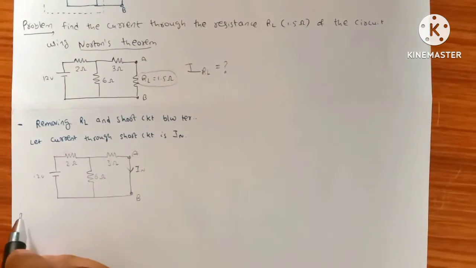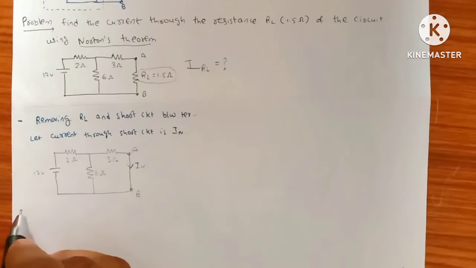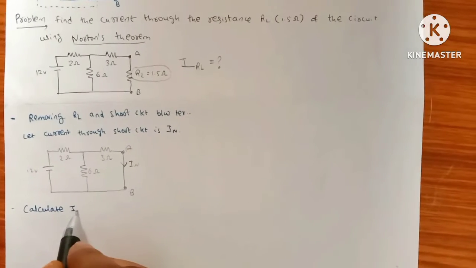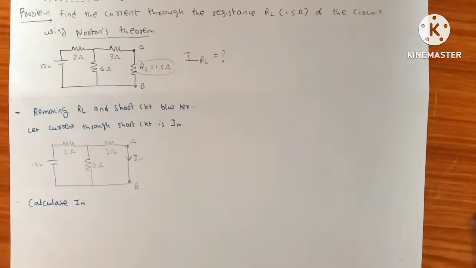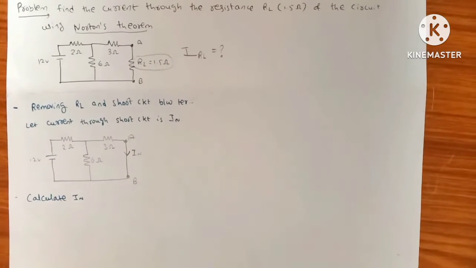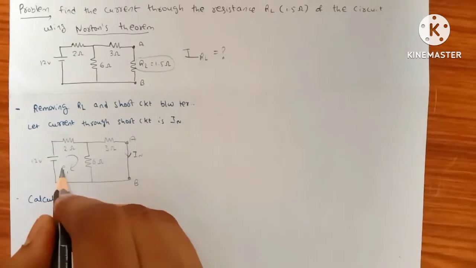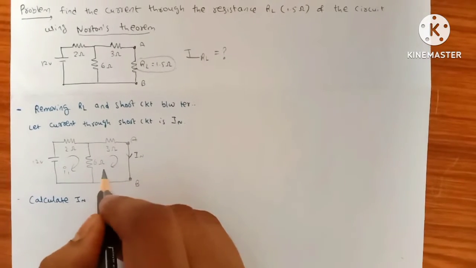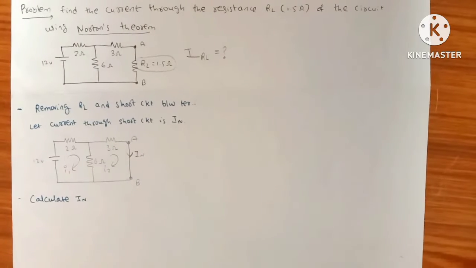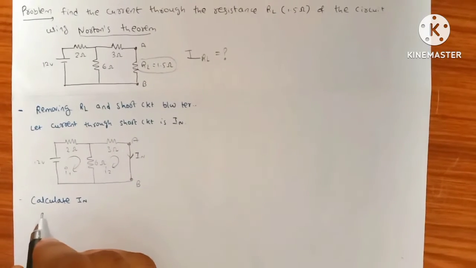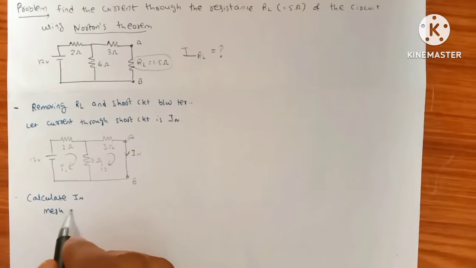Now from the third step, we should calculate IN. For calculating IN, I am using mesh analysis, considering loop currents I1 and I2.